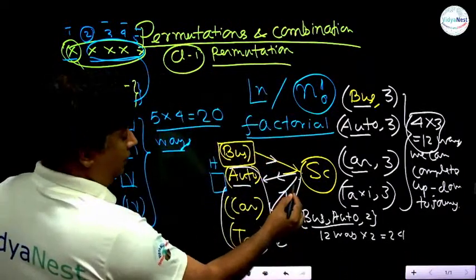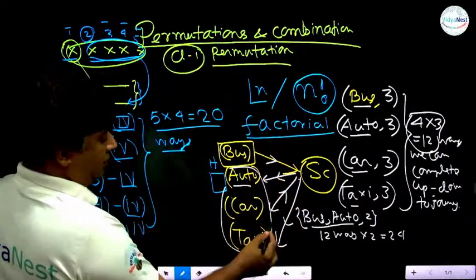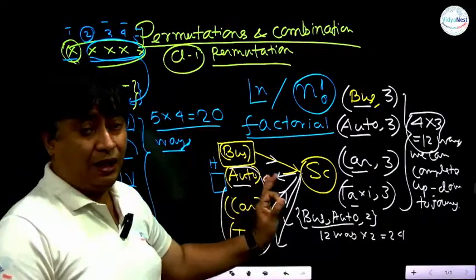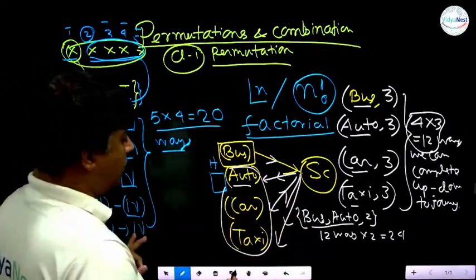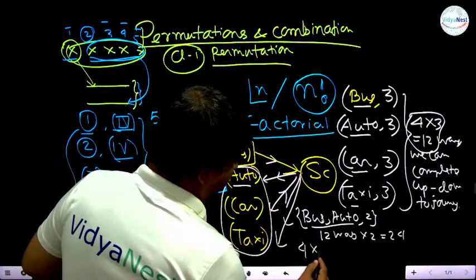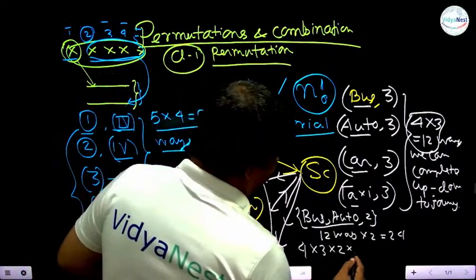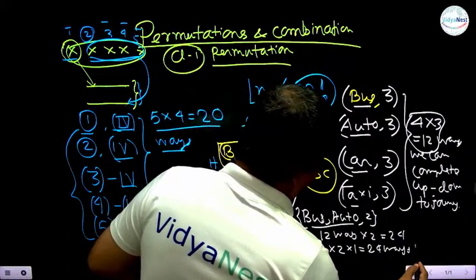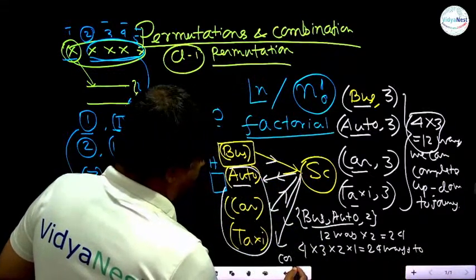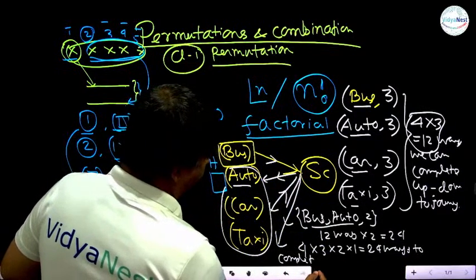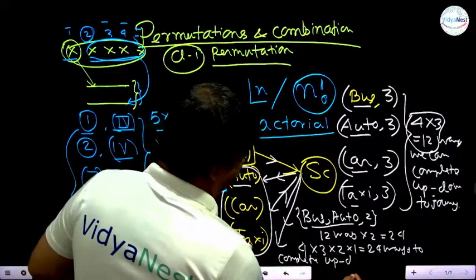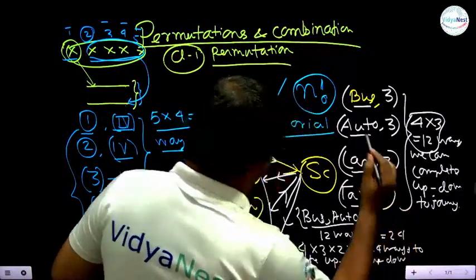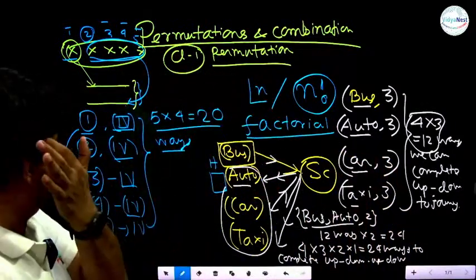And you have gone, and at the end, to your last destination, you are coming by the one vehicle which is left to your house. So total 4, 3, 2, 1, 24 ways to complete up, down, up, down. Okay? 4, 3, 2, 1. Understand?